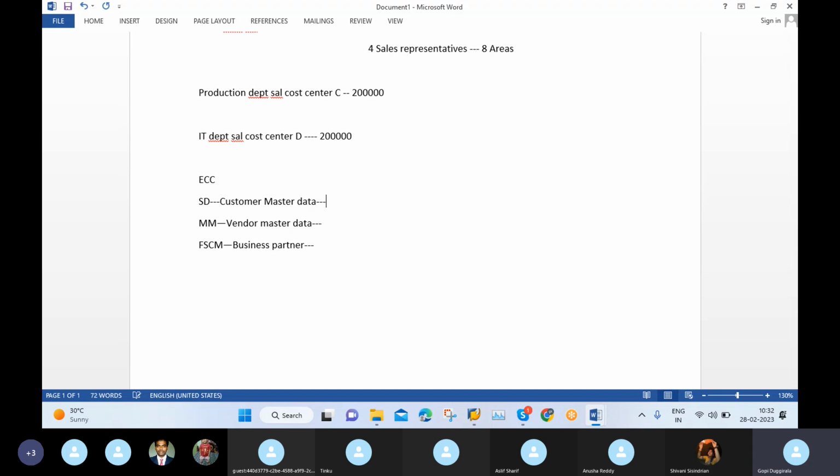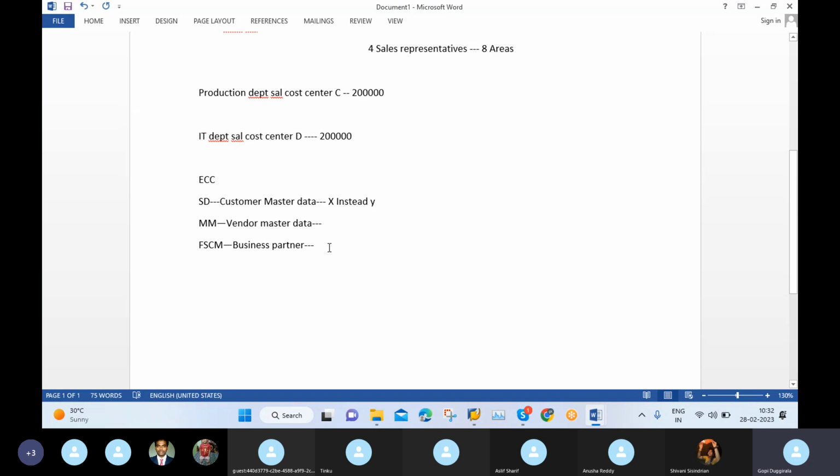It means if you change any one of these master data in these two areas, the business partner master data is not changed automatically. Why? Because these three are individual components in ECC. In master data, I will change X instead of Y. This is not reflected in FSCM business partner module automatically.